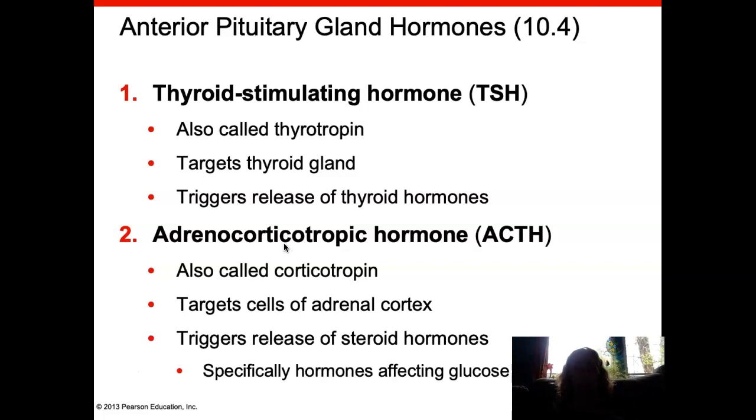And often when you have 2 layers of some structure, the inner portion is called the medulla, and the outer is called the cortex. So this is referring to the cortex. So it is stimulating the outer layer of the adrenal gland, and it is a tropic hormone, meaning it's stimulating the cells of the adrenal cortex to release their hormones.